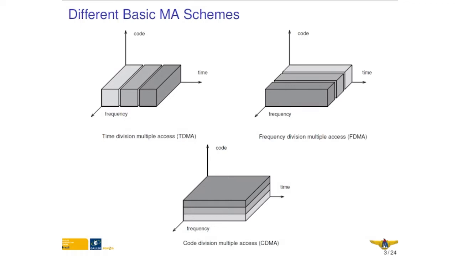Here, the users transmit using subbands. Each user uses a chunk of the frequency band available and transmits all the time. So this is a broadcast scenario. And then we have also at the bottom code division multiple access. Here, all the users transmit all the time and they use the complete frequency band available, but they are separated by codes.